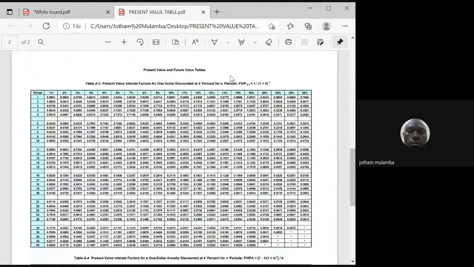Where there's PVIF, you have been given a formula: 1 divided by, we open the bracket, in your calculator open the bracket. Once I've opened the bracket, it's 1 plus, let's say if you want to do 19%, so 19% will be 0.19.